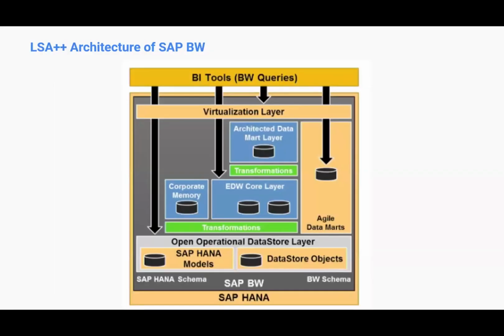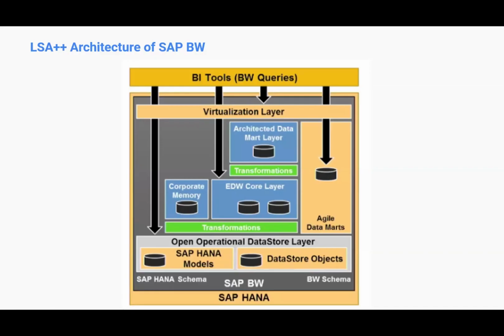In the LSA++ architecture, now your first layer where data is stored is the open operational data store layer. This little white box is your first layer in the BW system where data will be stored. These are the technical objects within the BW system, data store objects and SAP HANA models, which store the data, because when you want to store data from SAP ECC or SAP R3 or S4 HANA, you have to store it somewhere.